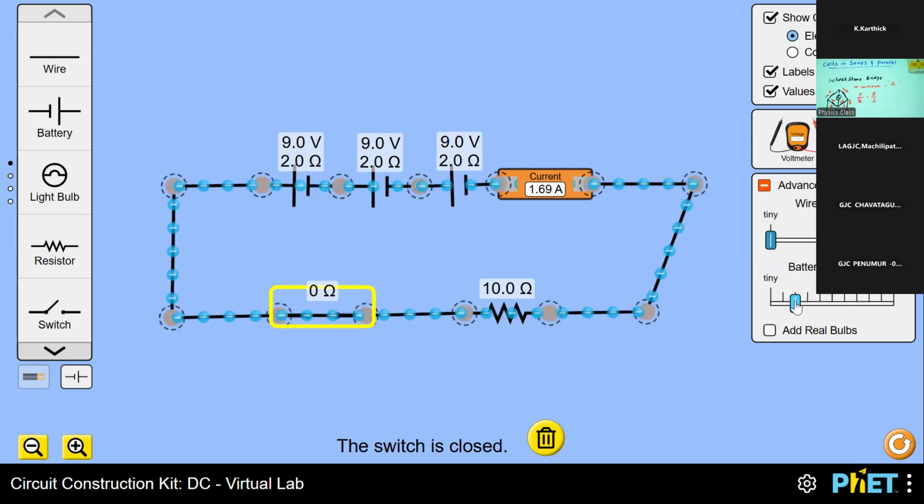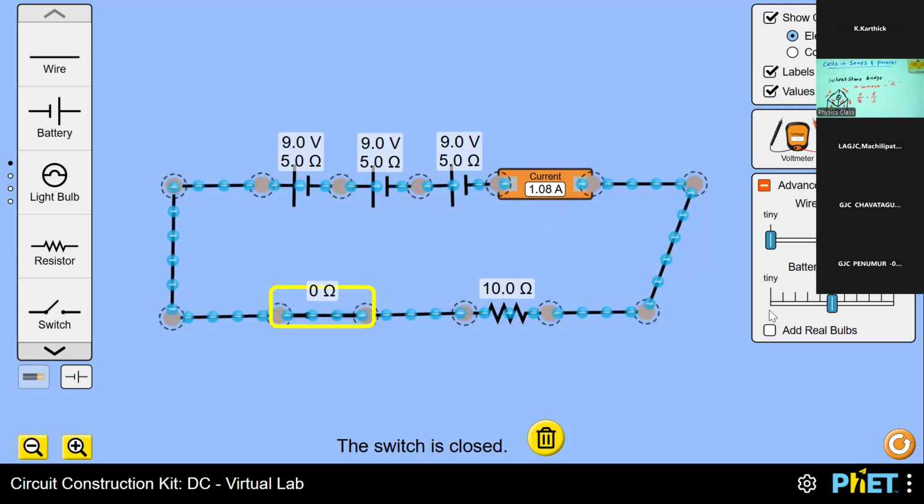I am increasing the internal resistance, 2 ohm, 3 ohm. In that case, you can see the current value changing, because we already know the relationship between the current, EMF and internal resistance.